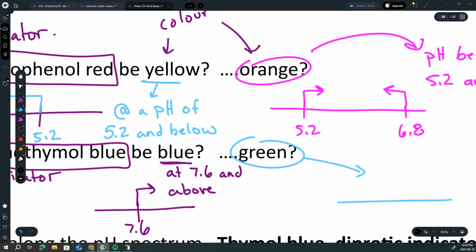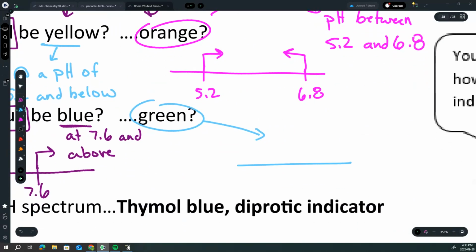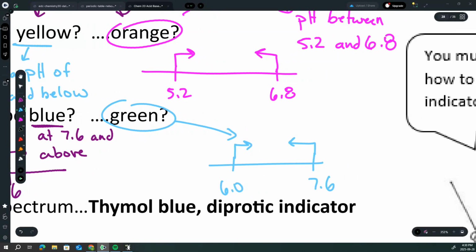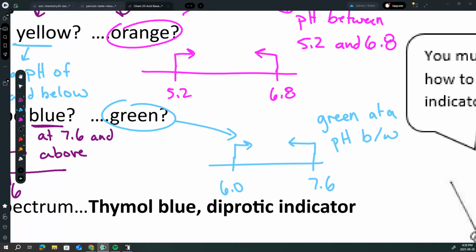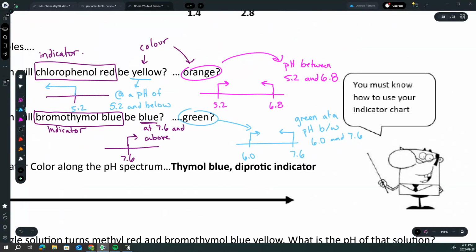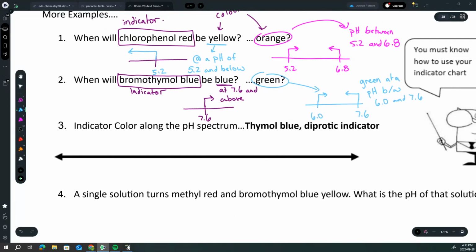So it's going to be green between 6.0 and 7.6. I'm going to abbreviate between to B/W.